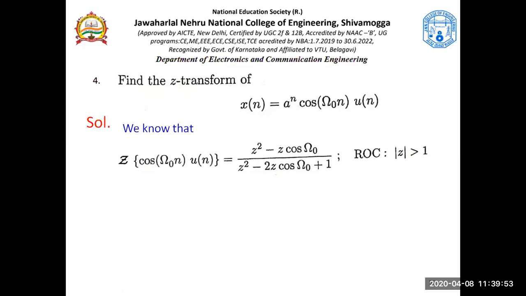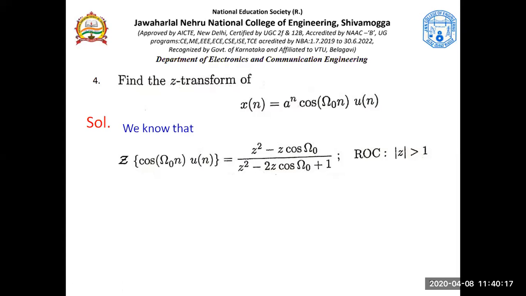Here, this is the z transform of cos omega naught n u of n. Everybody okay with this? Z square minus z cos omega naught divided by z square minus 2z cos omega naught plus 1. This was something that was given for assignment.